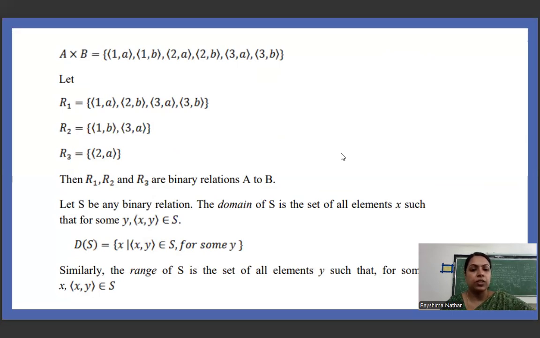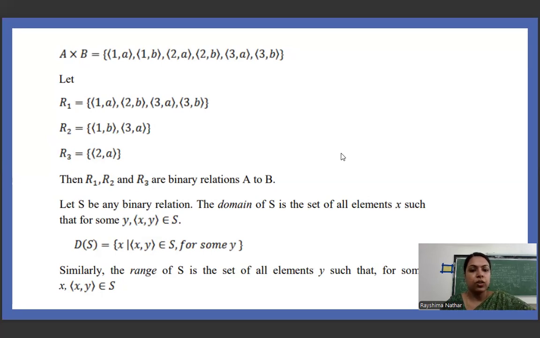Next concept is domain and the range of a relation. Let S be any binary relation. The domain of S is the set of all elements x such that for some y, (x, y) belongs to S. This is denoted as D(S) equal to {x such that (x, y) belongs to S for some y}.